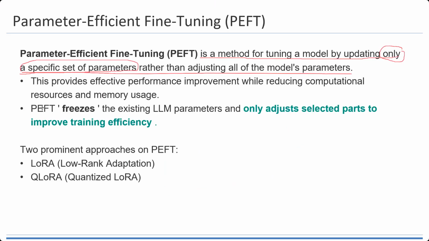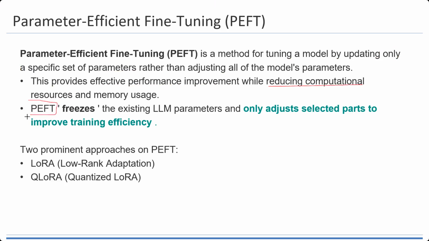It means we just select some of them. This provides effective performance improvement while reducing computational resources and memory usage. It means that we do not use all of them, in order to reduce the computational resources.